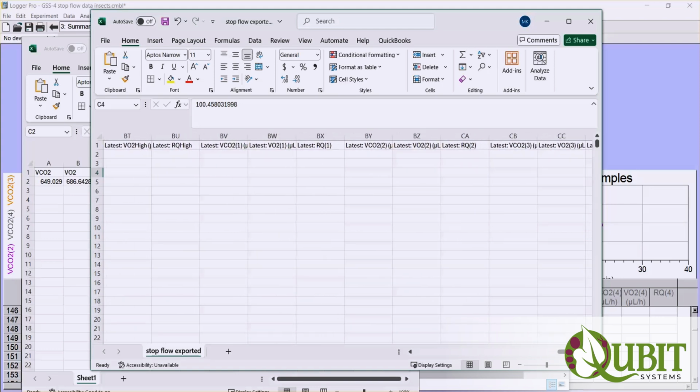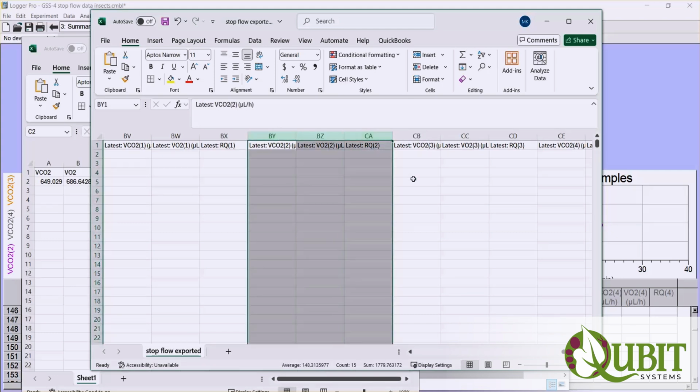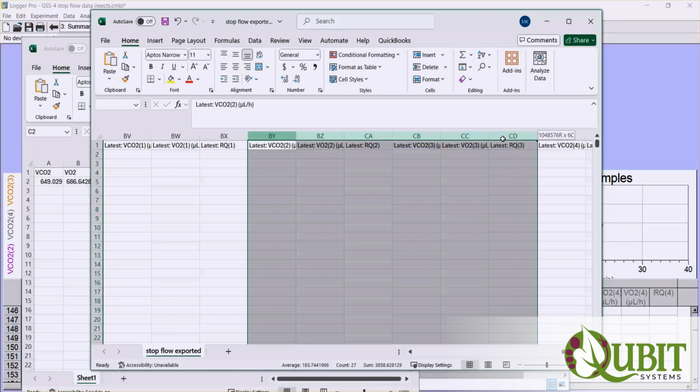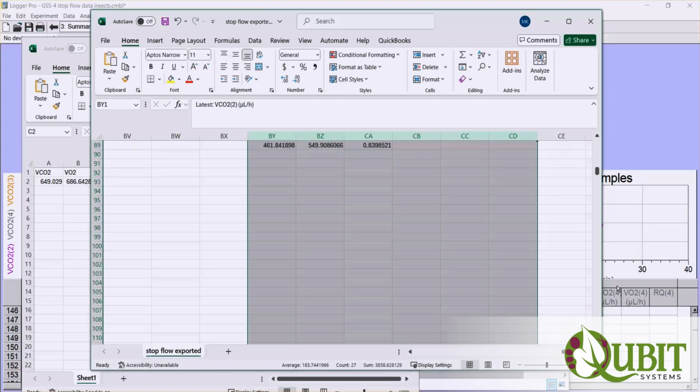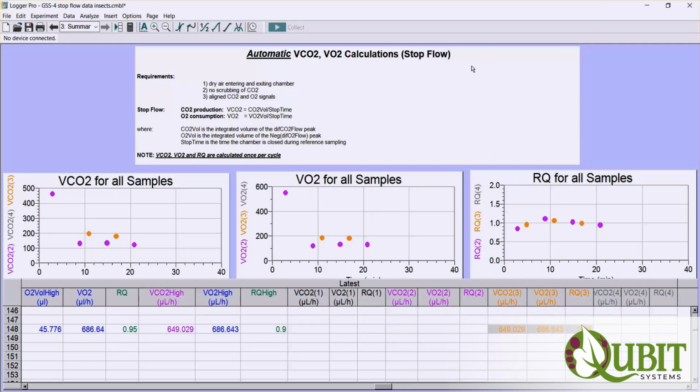We've got the VCO2, VO2, RQ for channel 2, and for channel 3 next to it. You will find individual points for each dwell time show up here as channel 2 data and channel 3 data. You'll have to take this Excel file and get it organized, delete empty rows, and create a summary spreadsheet with the data you are interested in, for any further statistical analysis or whatever you need to do.